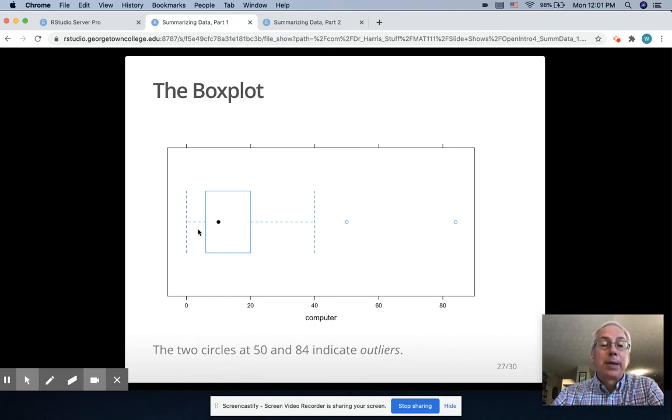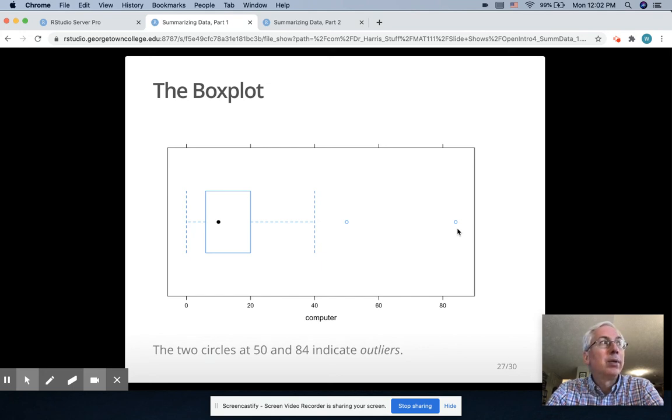At first, you might think the whiskers are going to extend out to the minimum and maximum. And sometimes they do, but not always. In this case, the left whisker does extend to the minimum response, which is 0, but the right whisker does not extend out. It only goes out as far as 40. And then these two numbers here, 50 and 84, represented as open circles, are outliers in our data set.